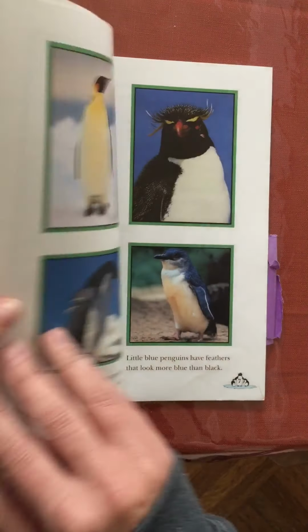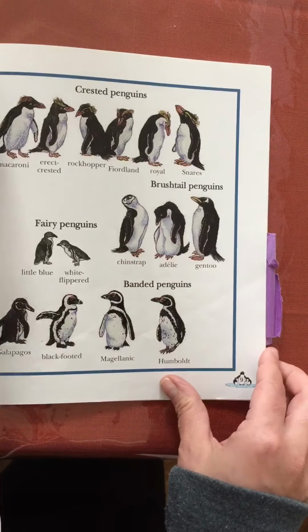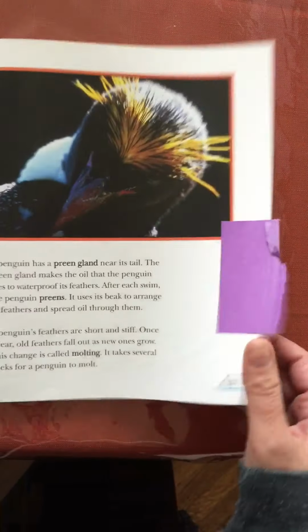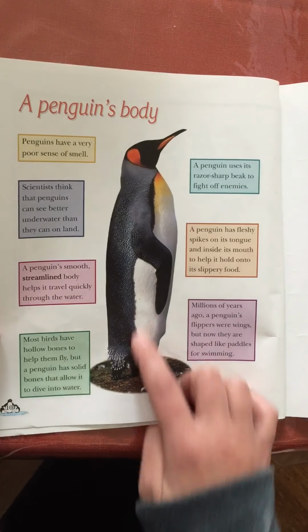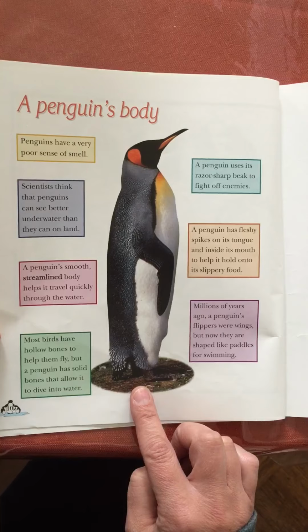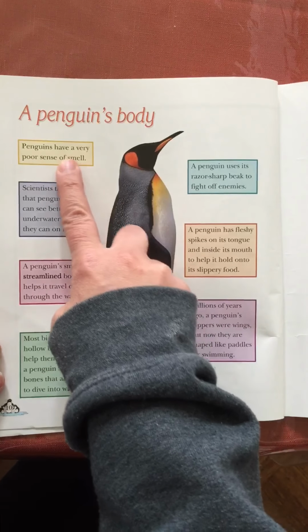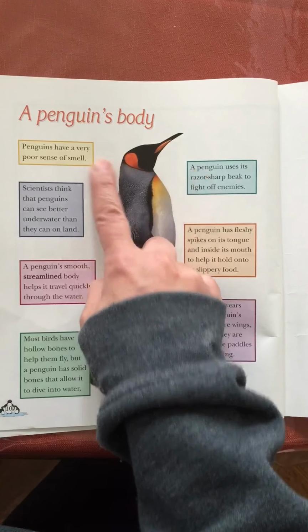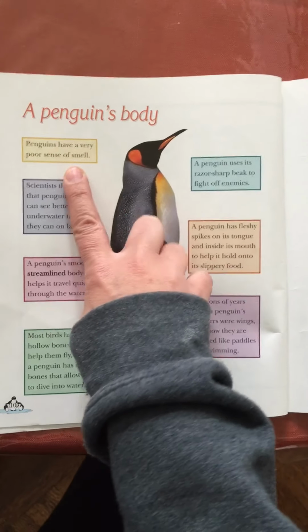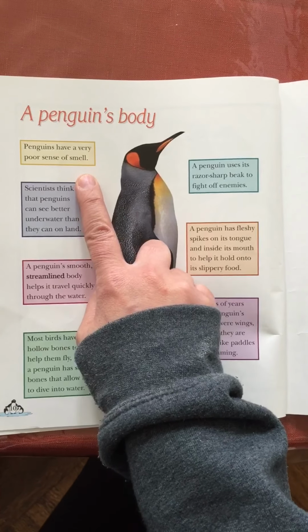So I'm going to go back to that table of contents, and I'm going to say, okay, another subtopic that this book might be teaching me more about is penguins' bodies. And I'm noticing here, this is a picture of a penguin, and there are some text boxes, and each text box gives me some more information about their body. Penguins have a very poor sense of smell.